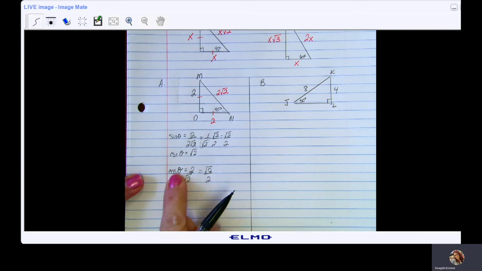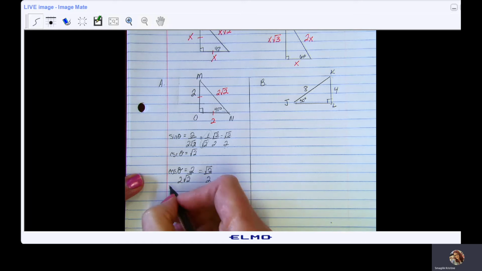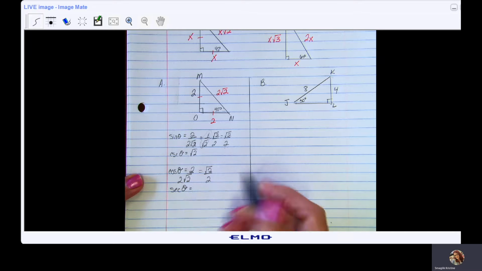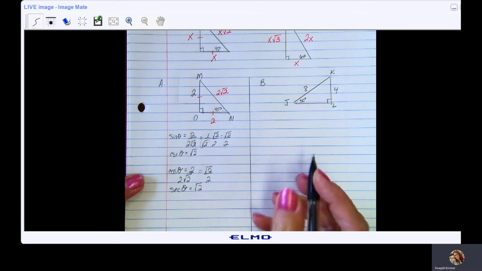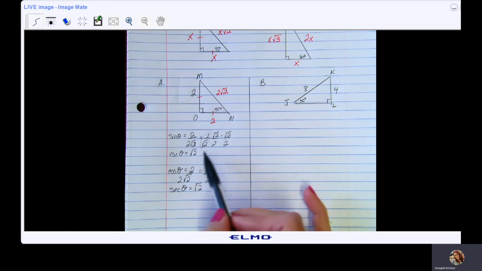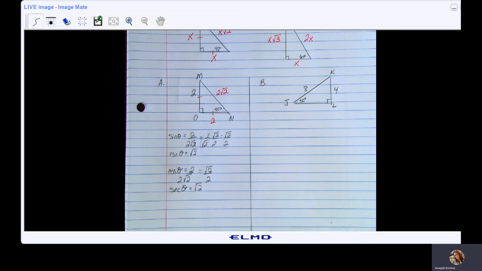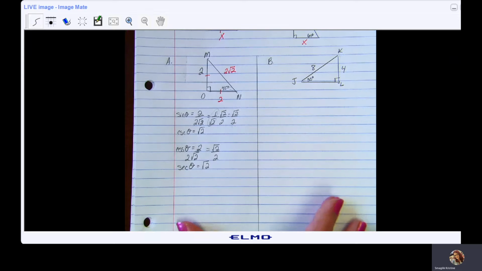So there we are. Cosine of 45 degrees is square root 2 over 2. The reciprocal of cosine is secant. And again, it's going to be the same, square root of 2. Just got to flip that fraction, and again, get it from right up here. We're not going to do double work.